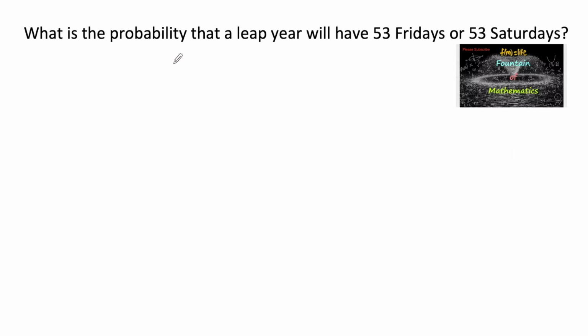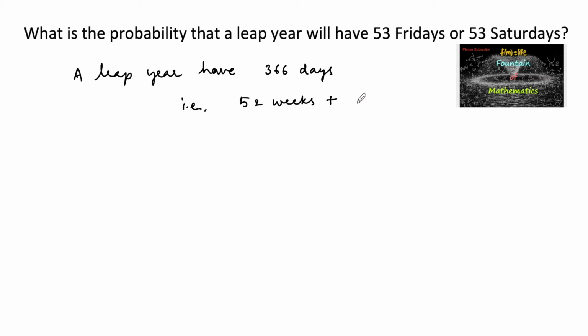What is the probability that a leap year will have 53 Fridays or 53 Saturdays? So we know that a leap year has 366 days, that is 52 weeks plus 2 days.